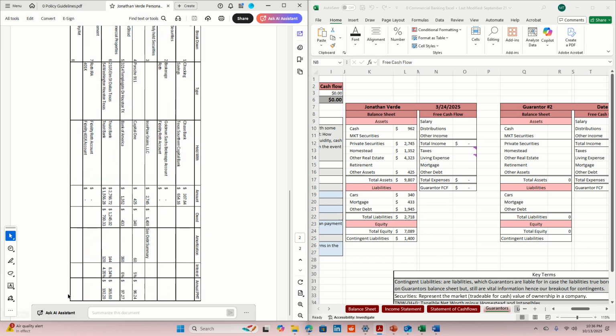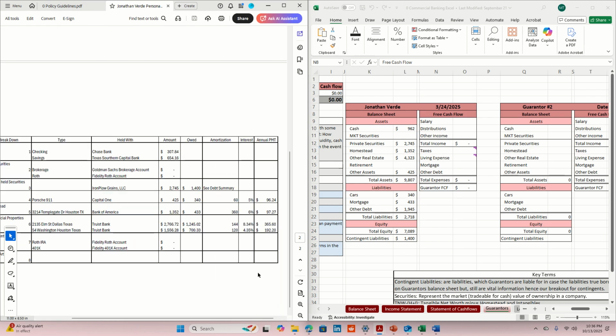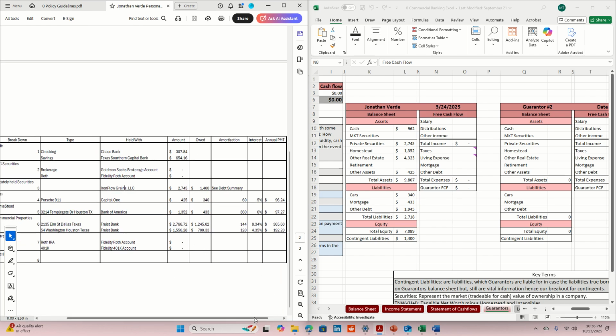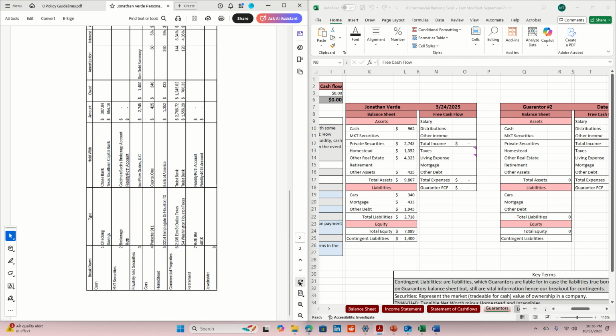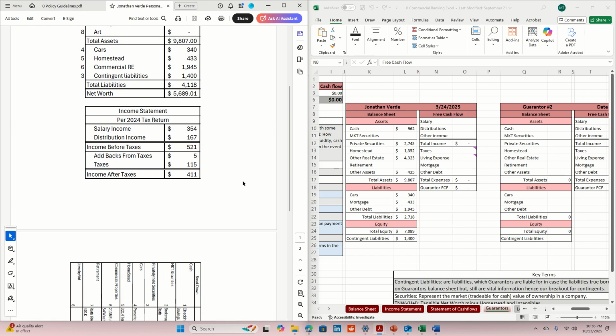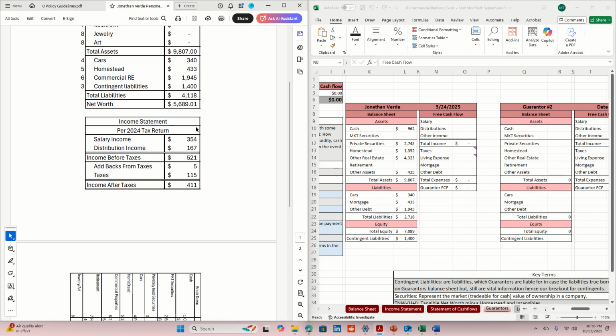And you might be wondering, where did those come from? Where did the contingent liabilities come from? Right. And you might be wondering, what is the privately held securities? If you scroll down, right, you have the normal balance sheet.